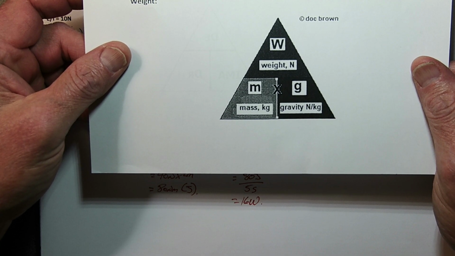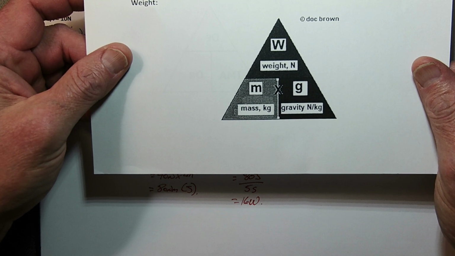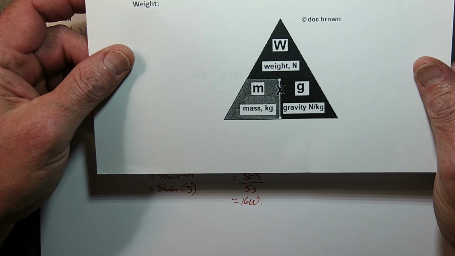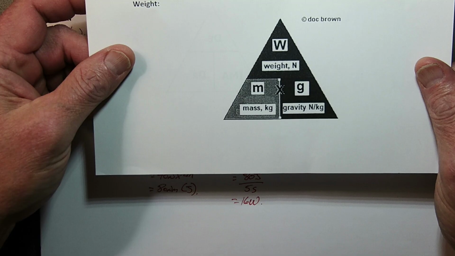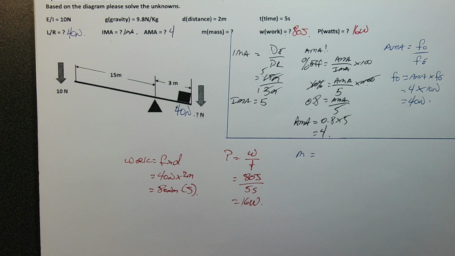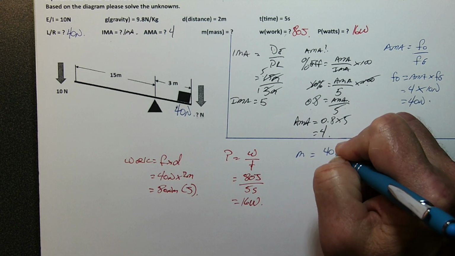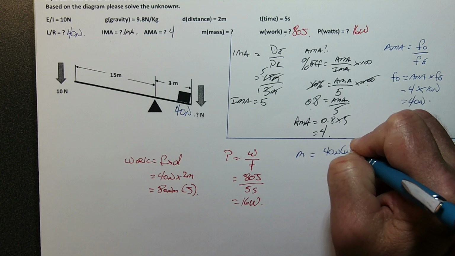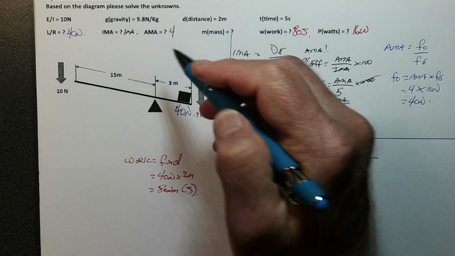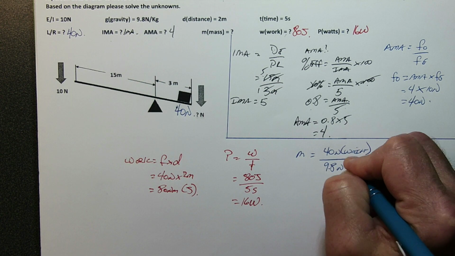So if I need to find mass, I have to take my weight in newtons, which is the same as an output or an input force in newtons. Anything in newtons is a force or a weight, and divide it by my gravity. So mass is going to equal weight in newtons, so 40 newtons, which is weight, divided by my force of gravity, which is 9.8 newtons per kilogram.